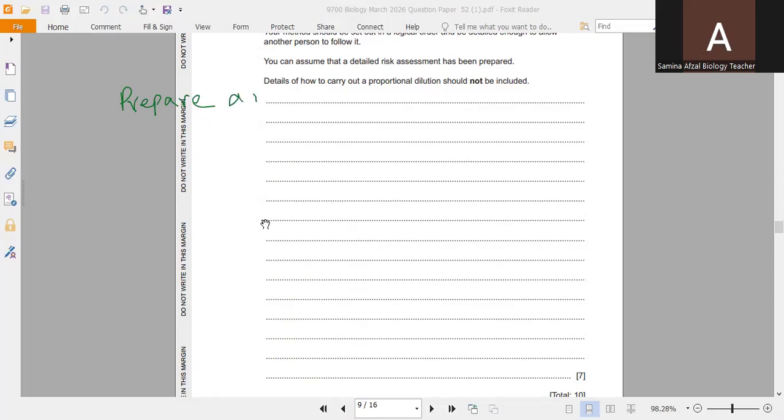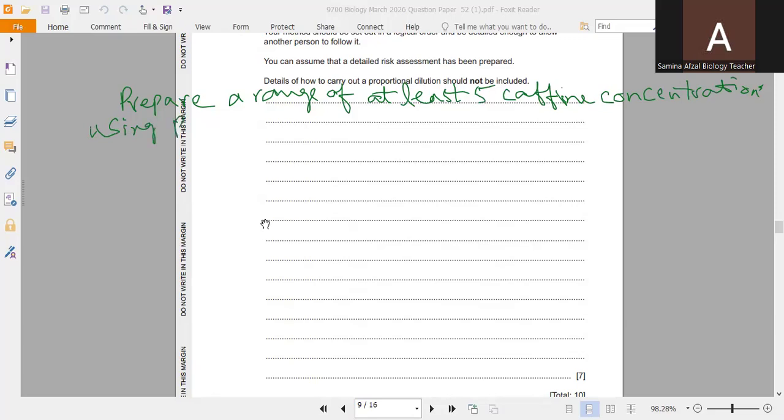Prepare a range of at least 5 caffeine concentrations using proportional or serial dilution. So that is the independent variable.